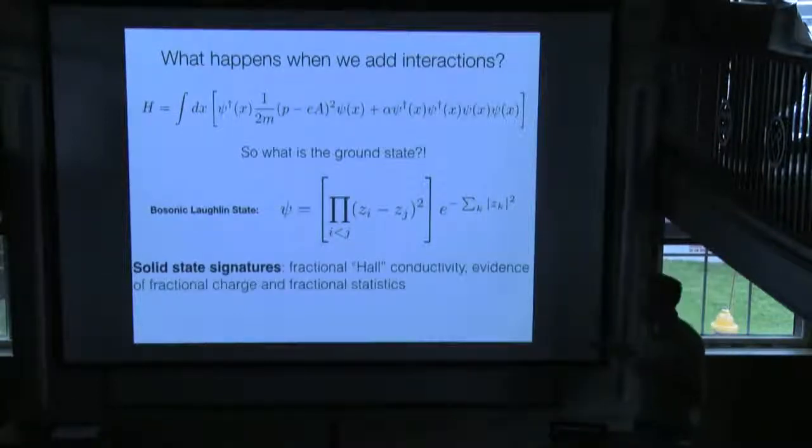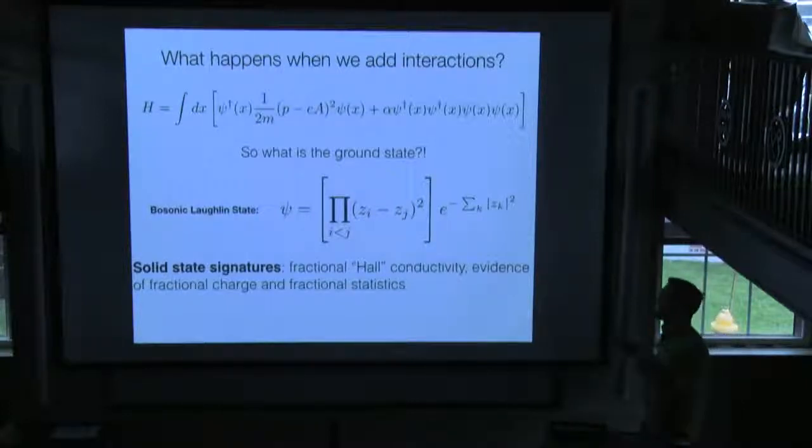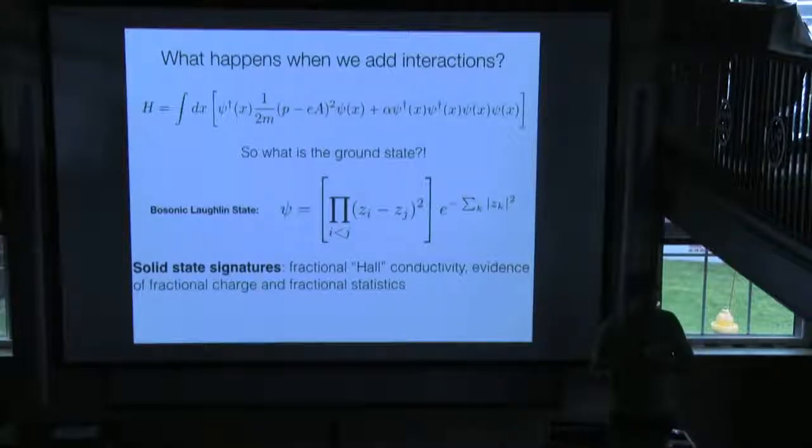So in the solid state, there are all sorts of interesting signatures of this, from things like fractional Hall conductivity, which is very well quantized, to evidence of fractional charge, and indeed excitations on top of this ground state that have fractional statistics, meaning when you braid them around each other or swap their places, the wave function doesn't get a minus sign or a plus sign, it can get a phase, or it can actually get a unitary, as though you're performing a quantum gate. Okay?